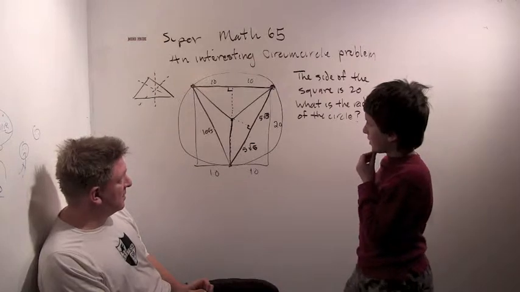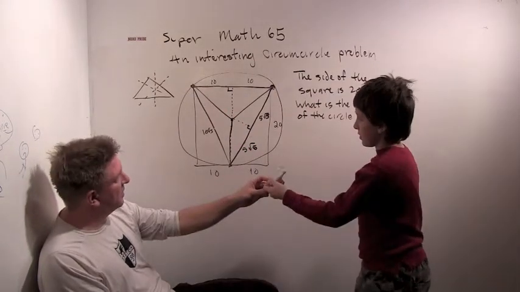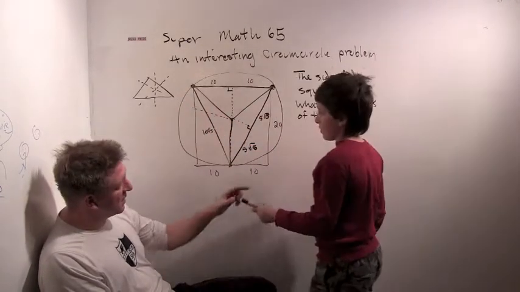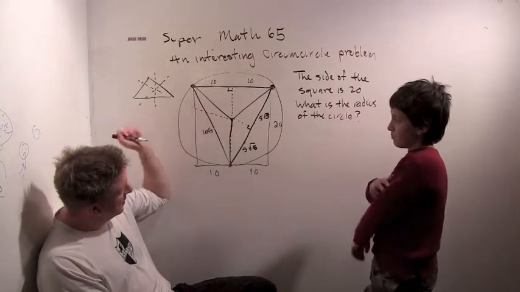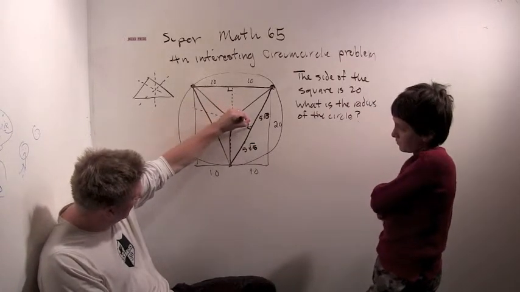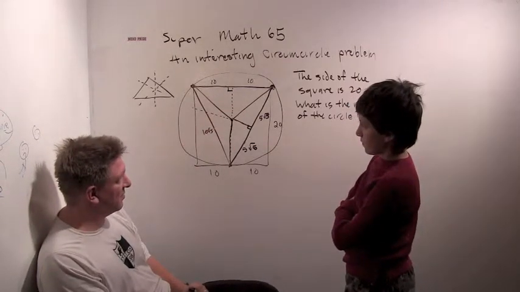Maybe we could find what this whole thing is. What are you drawing that you think is a straight line? That's not going to help. How do you think we're going to find this side here?